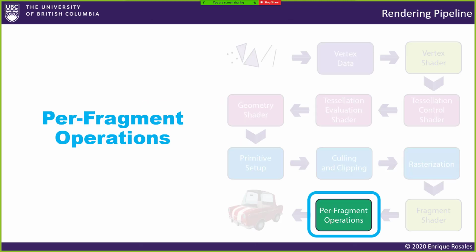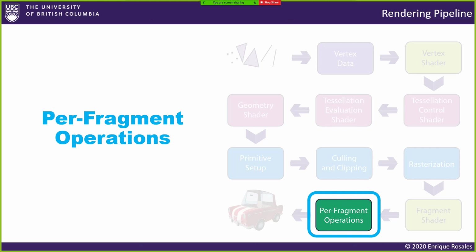Okay, so that was conceptually what we do in this stage of fragment operations. As I said, the fragment operations are a set of tests that we perform to either discard or combine these fragments to eventually compute the final color of the pixel.